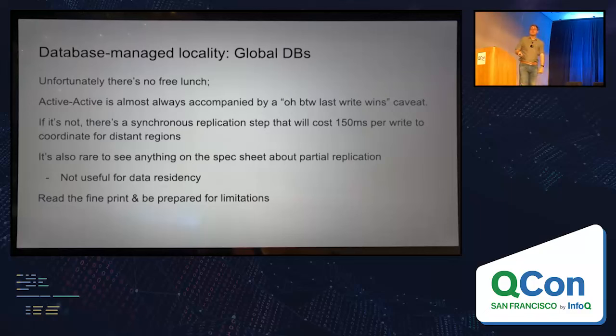True global databases, you do run into a problem where you either have an active-active topology where last write wins. That can cause some issues, obviously, depending on your use case. If you have regions that may act on the same object at the same time, one region can say, oh, I committed this. The second region says, oh, I committed this.